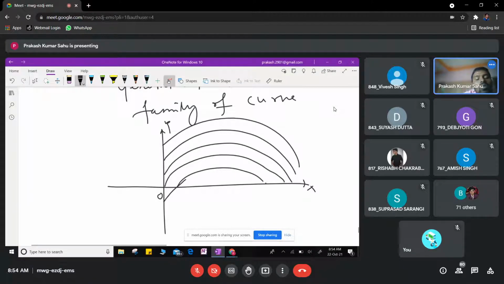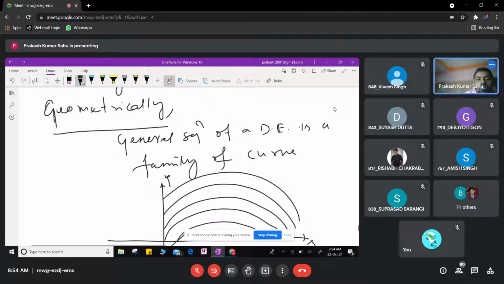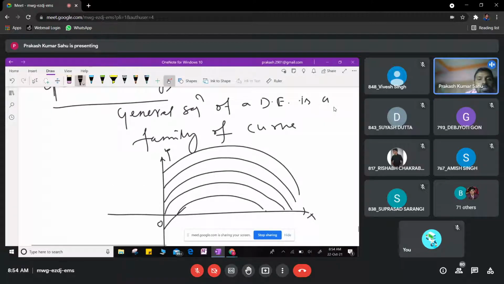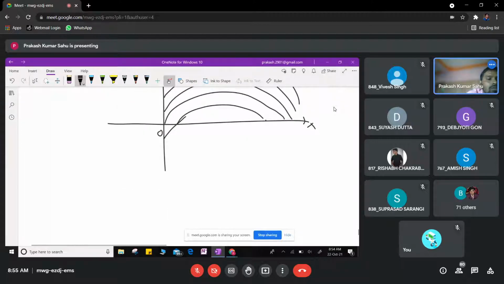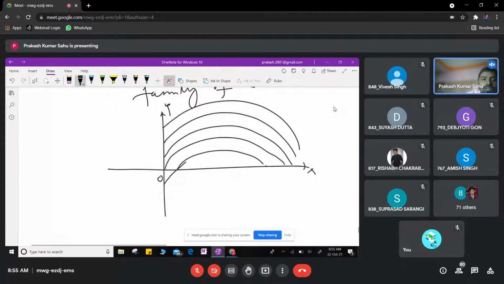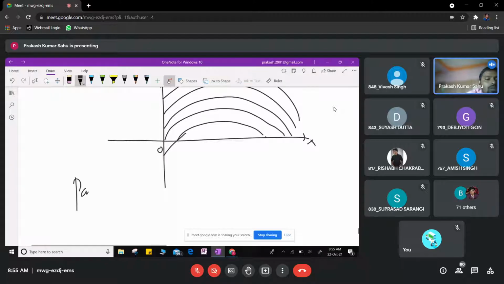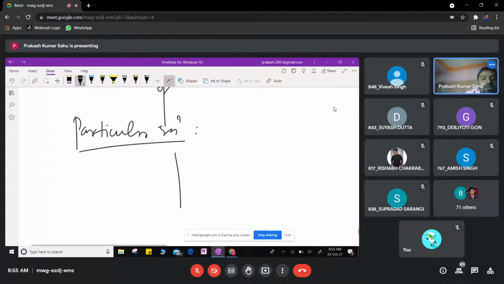A family of curves, like this. Understood? If you find the general solution or draw the general solution, this is the family of curves. And a particular solution is one solution. So what will the particular solution be? A particular solution is a single curve. Okay, this is a single curve.